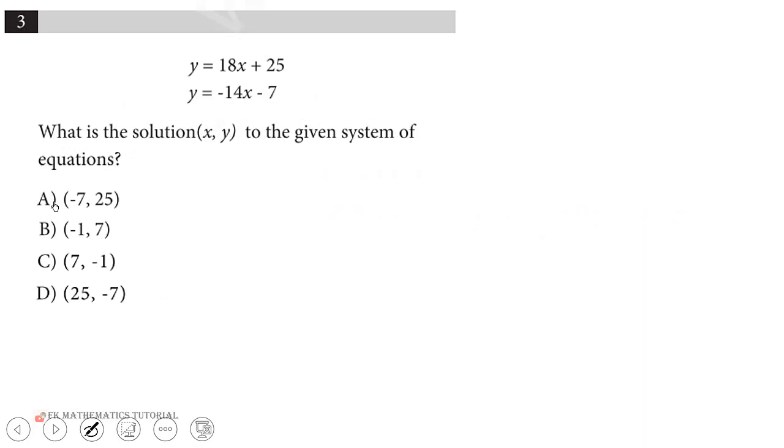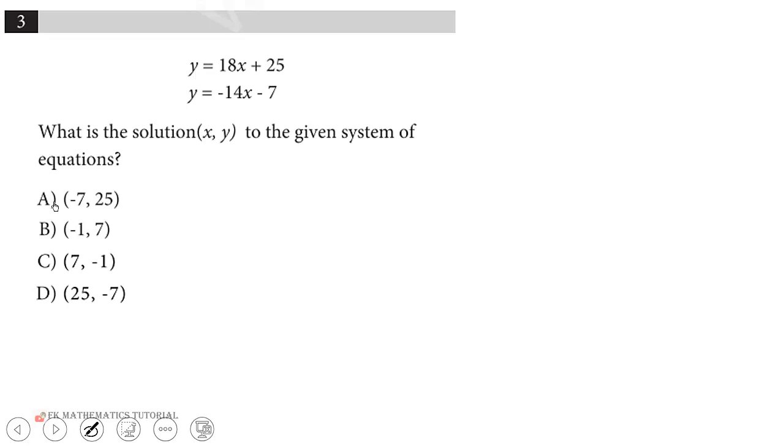We have two equations, y equals 18x plus 25, y equals negative 14x minus 7. What is the solution (x, y) to the given system of equations? So to get a solution to the system of equations, you can subtract one equation from the other.